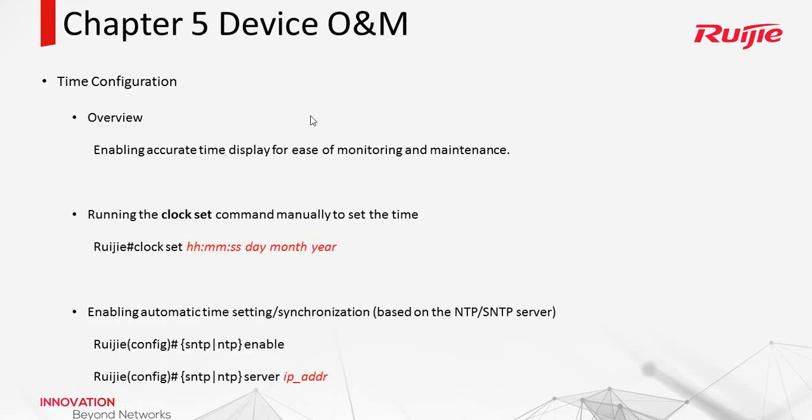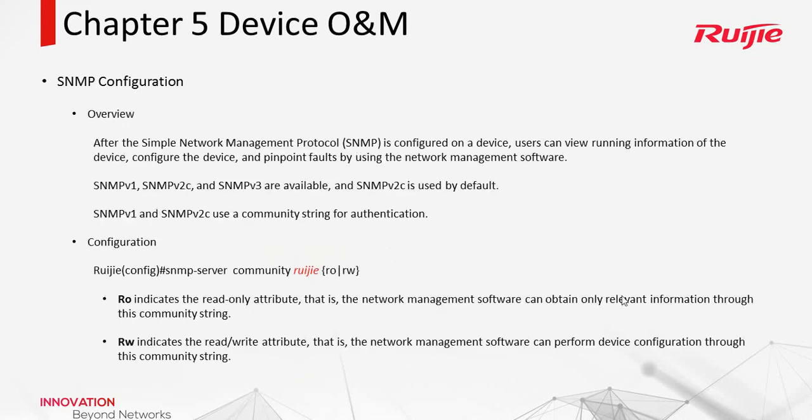Time configuration. We should configure all of the devices to use the clock set to synchronize the time. If you have the clock server, you can also run the NTP protocol. SNMP configuration is used to manage your network by using the management tool.